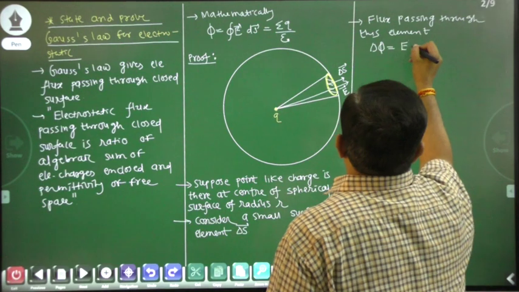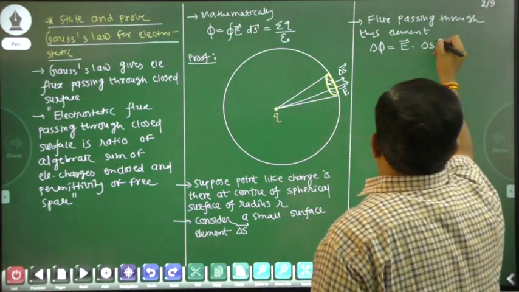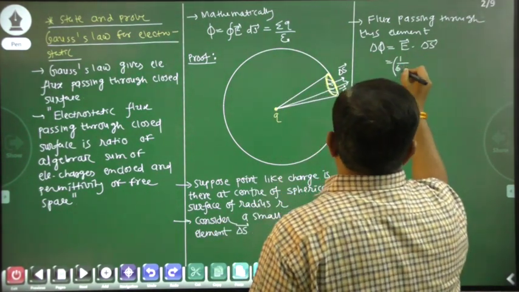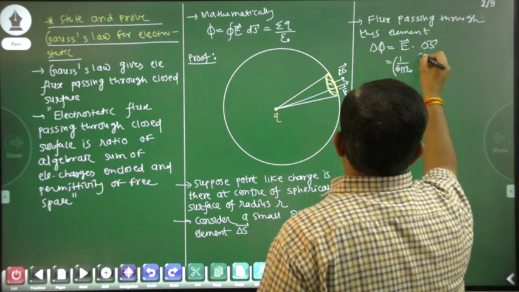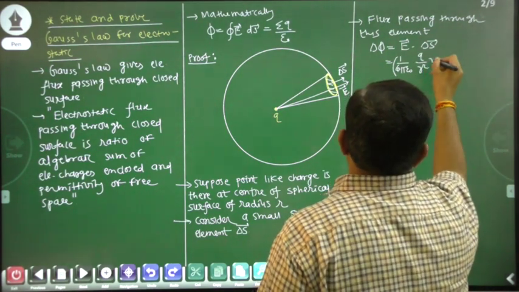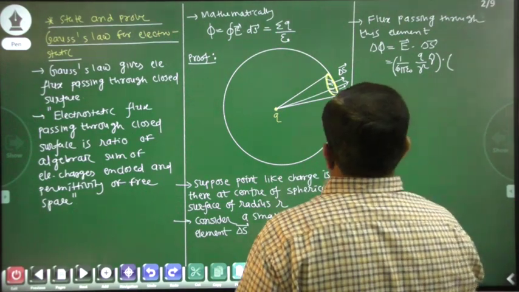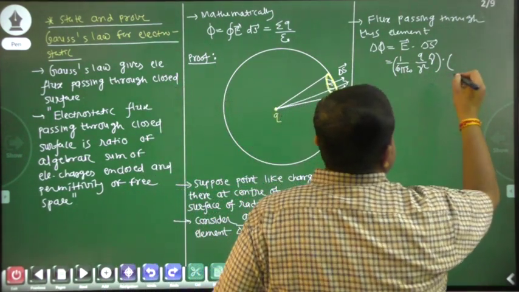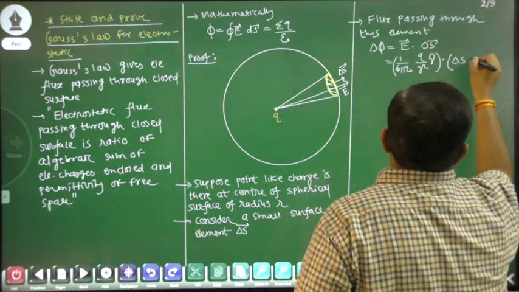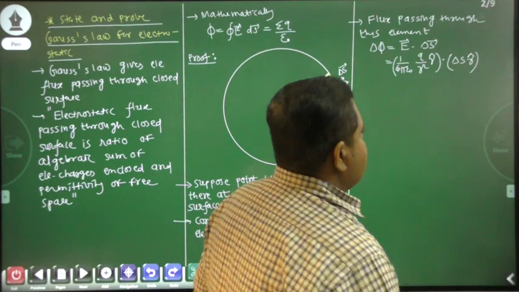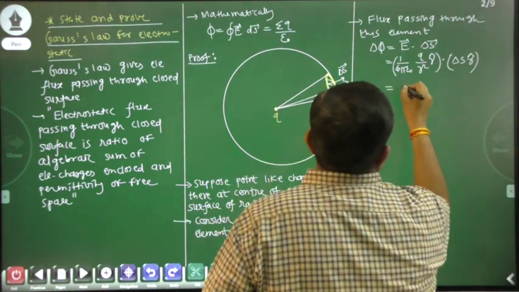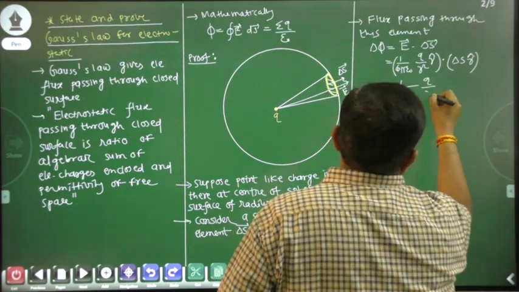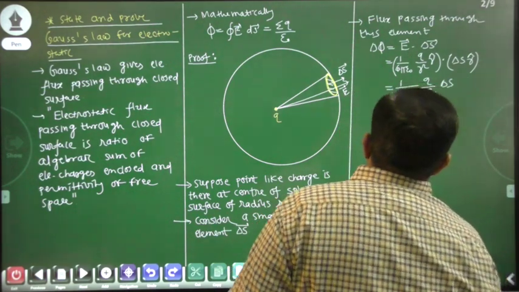So electric field E dot delta S. Now it is the electric field of a point-like charge, 1 upon 4 pi epsilon naught q by r square r cap, dot. Now you can see area vector is also in radial direction. So delta S can be represented as delta S into r cap. Now r cap dot r cap is 1. So we have 1 upon 4 pi epsilon naught q by r square delta S.